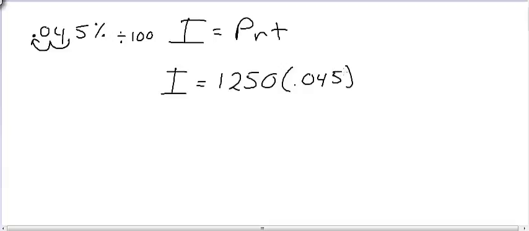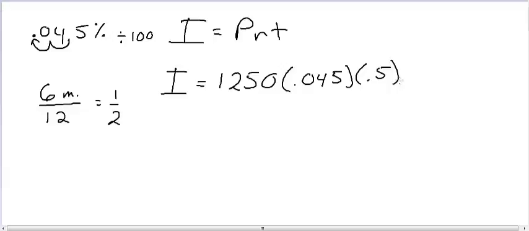0.045. Now for my time of 6 months, I need to convert that to years, so I need to think in 6 months out of 1 year, what is 6 divided by 12? That's going to be 1/2. So this is over the course of a half year, so we put in 0.5 for the time.